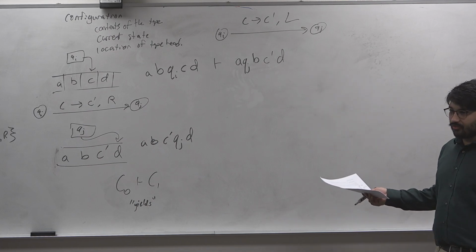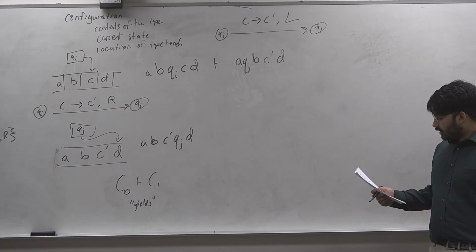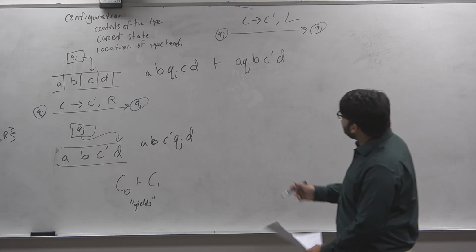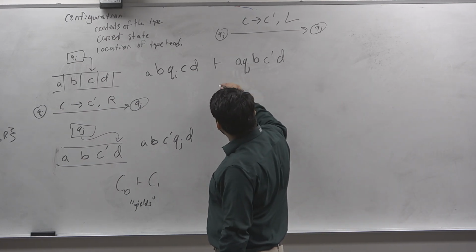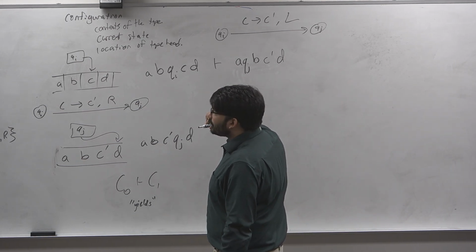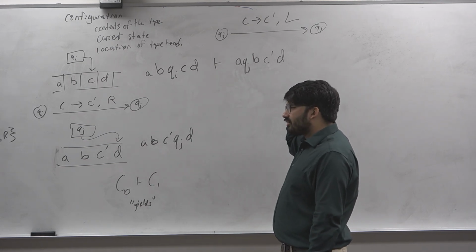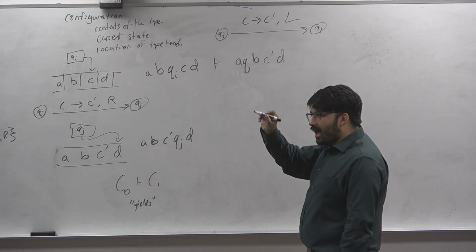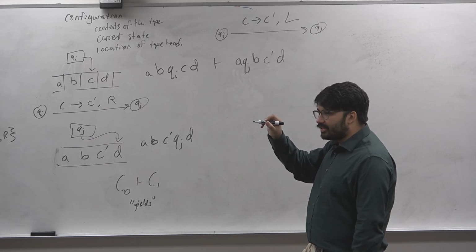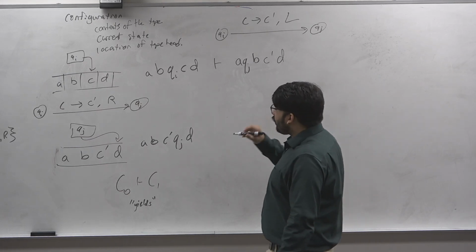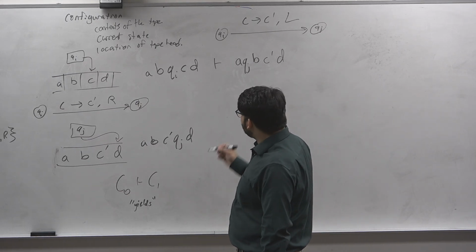Questions on configurations and so on? What is the definition of accepting? For example, we say a DFA accepts a word if there is a path in the graph following that word that leads you to an accept state. So how do we define the accepting of a Turing machine?